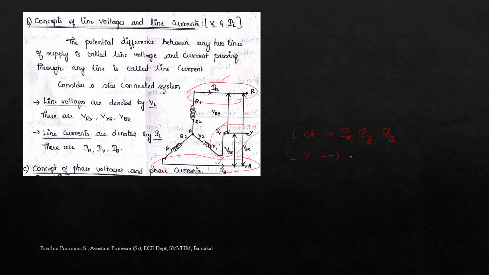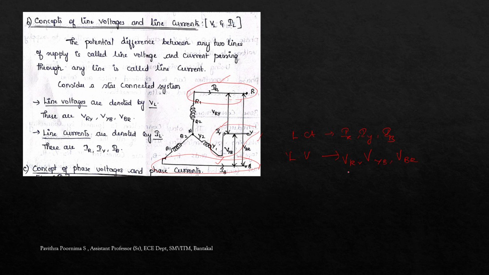If we consider R and Y, the first two lines, the voltage between R and Y is VRY. Next, the voltage between Y and B is VYB. And next is the voltage between the third and first line, B and R, which is VBR.